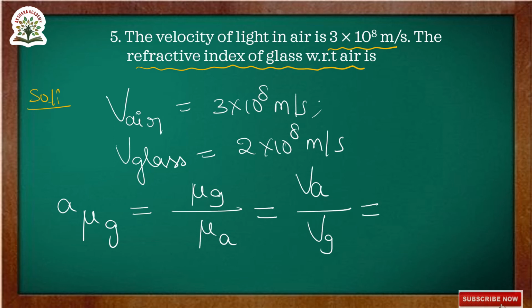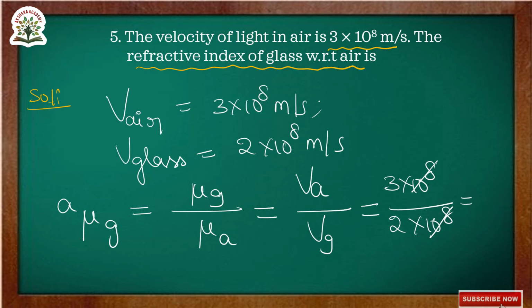That is equal to velocity of air, they given as 3 into 10 to the power of 8, velocity of glass, they given as 2 into 10 to the power of 8. 10 to the power of 8 cancels. The remaining is 3 by 2.